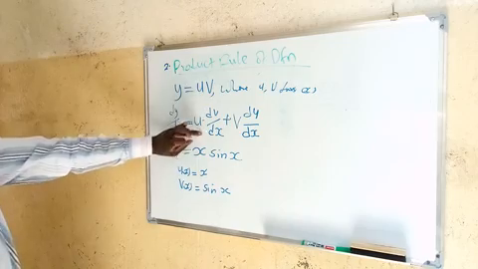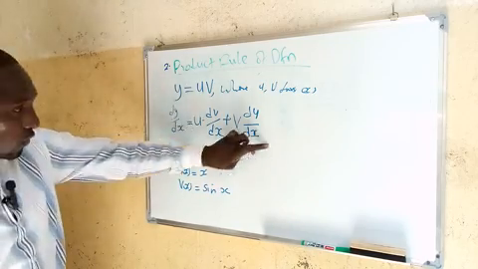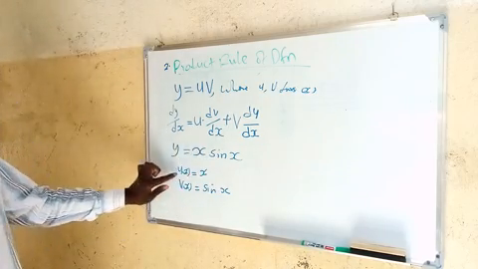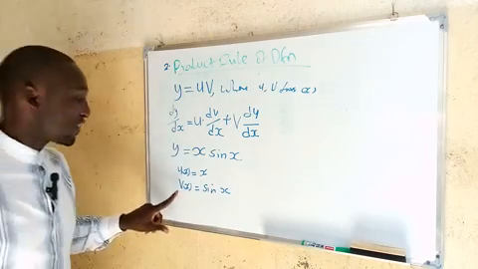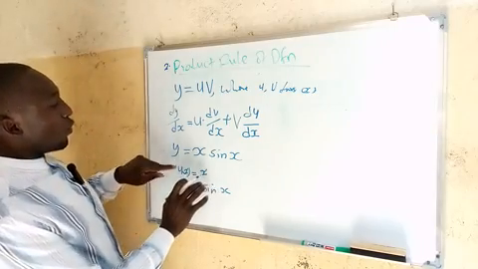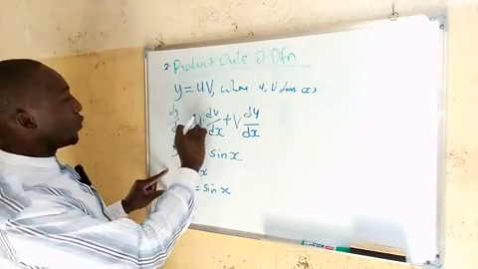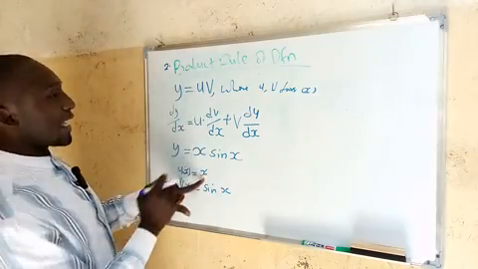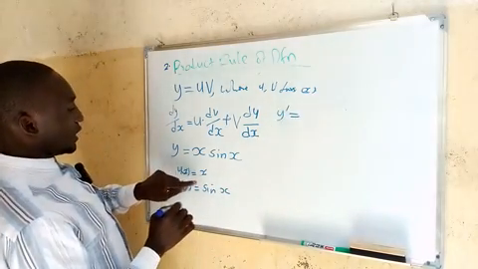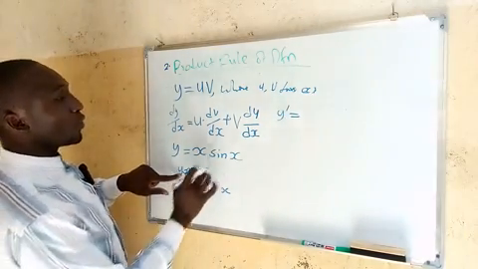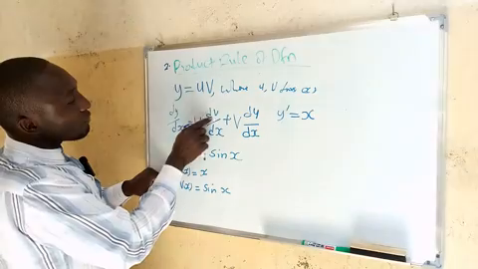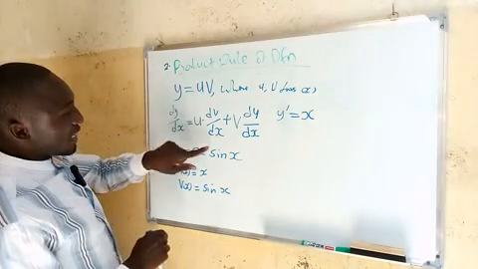Now, let us apply this rule of differentiation to get the derivative of this, having our u as x and v as sin x. Now, we hold u constant, our u is x, so we are going to have y prime is equal to u, which is x, held constant, multiplied by dv/dx.